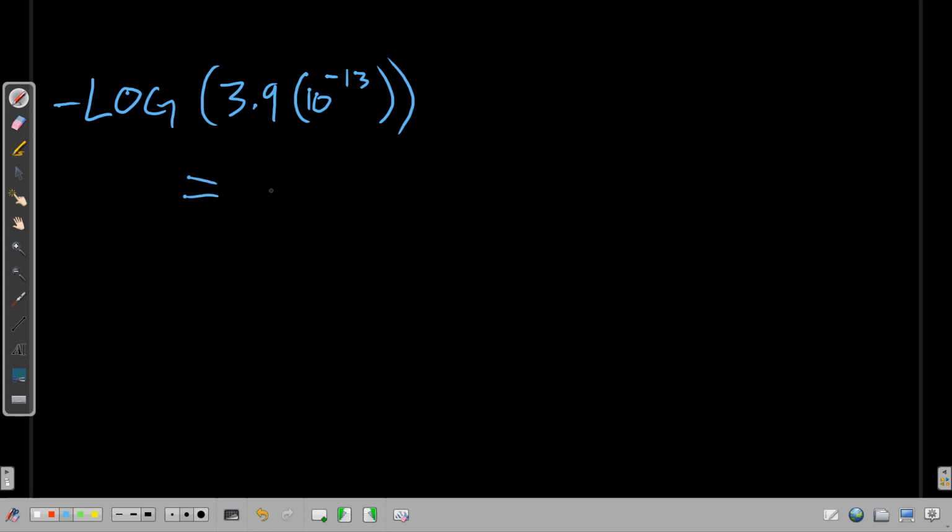But logarithm maps multiplication to addition, so this is minus log 3.9 plus 13. So we're going to go way out to the number 13 and then take away this much. And conceivably, when you're calculating pH, you could just jump straight to there every time, right?